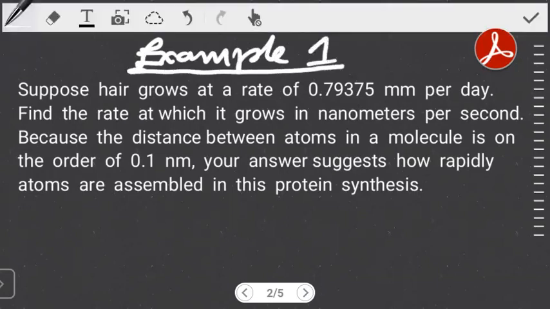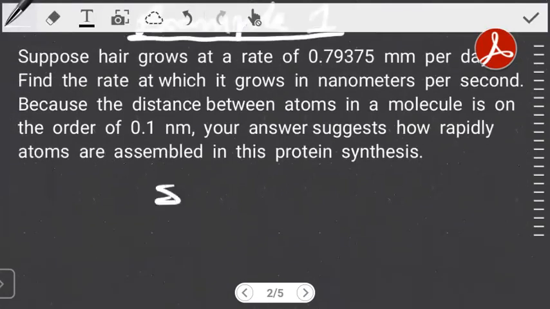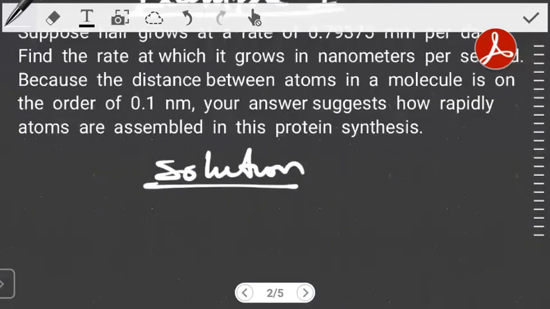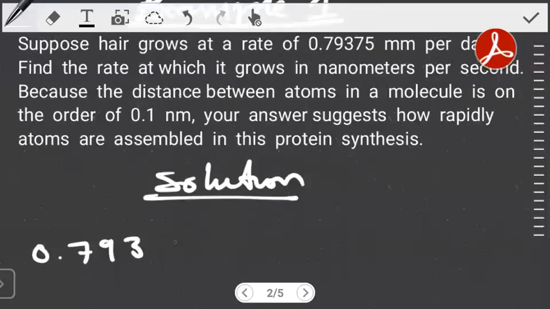Well, it's easy. What I want you to first do is get what you're converting from, or the value that you're converting. So you're converting 0.79375. What I like doing is, here I have units which can be written as a fraction. So I'm going to have this as a fraction.